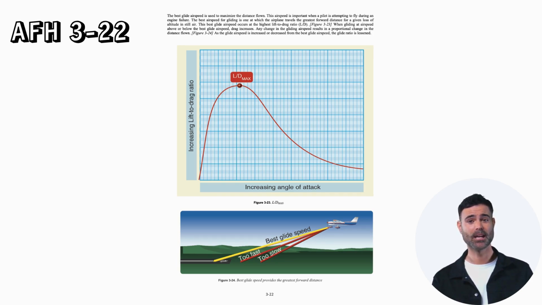This best glide airspeed occurs at the highest lift to drag ratio, L/D. When gliding at airspeed above or below the best glide airspeed, drag increases. Any change in the gliding airspeed results in a proportional change in the distance flown. As the glide airspeed is increased or decreased from the best glide airspeed, the glide ratio is lessened.